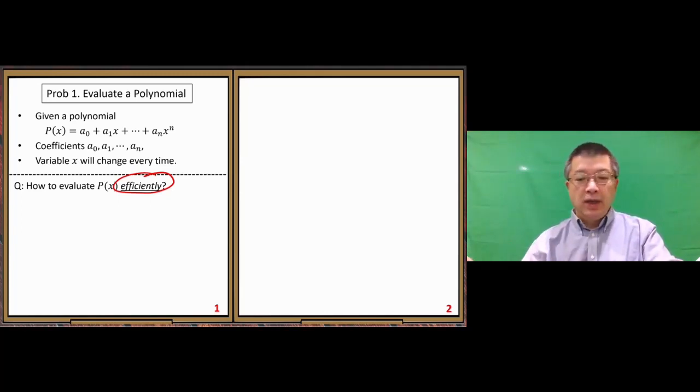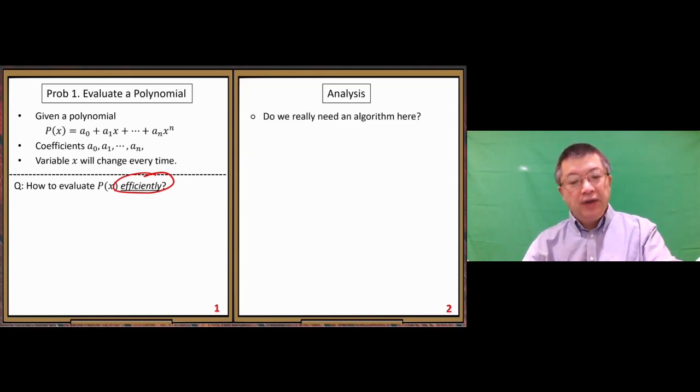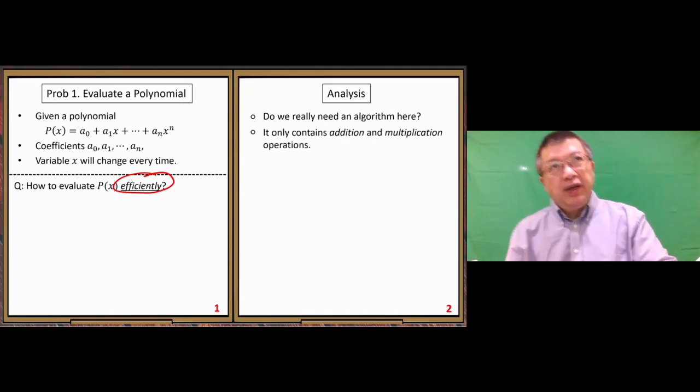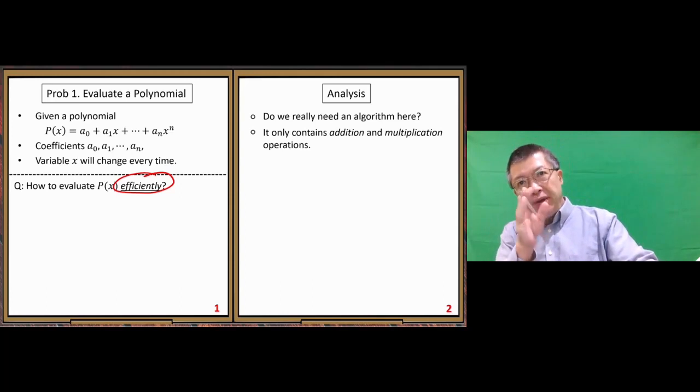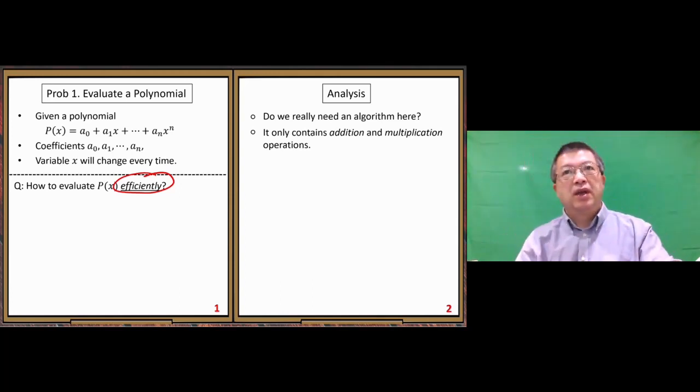All right, so let's look at the analysis. For this particular problem, do we really need an algorithm here? If it is so easy, why do we need a special algorithm? Let's try to look at the details.